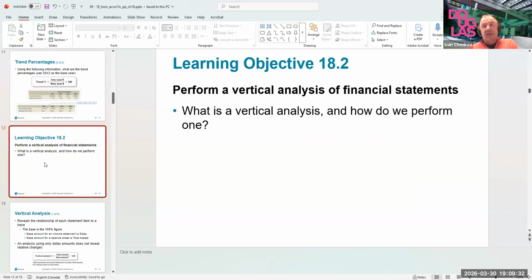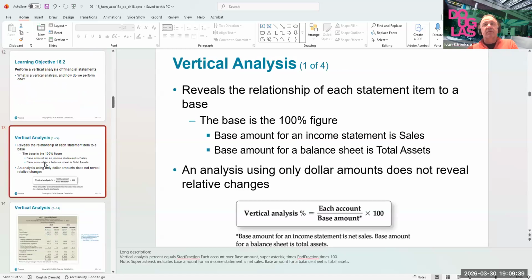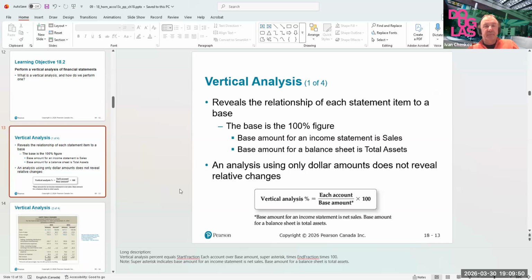Vertical analysis, now we start comparing the company with other companies. Before I do that, we have to understand why we're doing this and how possibly we can do it. I'm going to quickly go to the Excel spreadsheet.